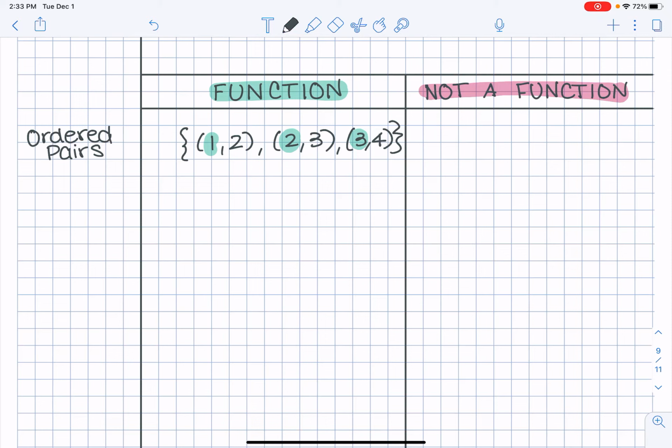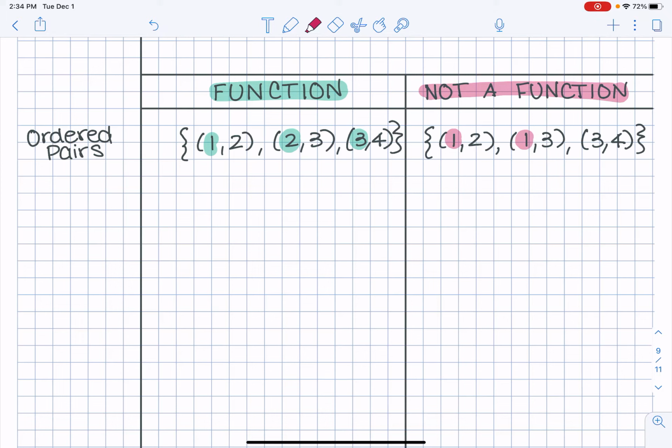However, let's rewrite some of these. Let's say I have the ordered pair 1, 2, just like my first one. But let's say the second one is 1, 3. And then we keep 3, 4. Do you guys see how my input repeats? This cannot be a function because my input cannot repeat.